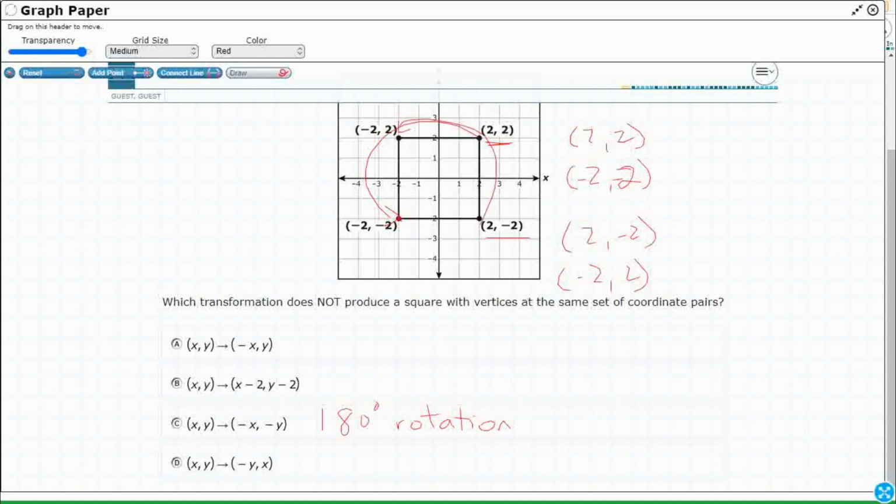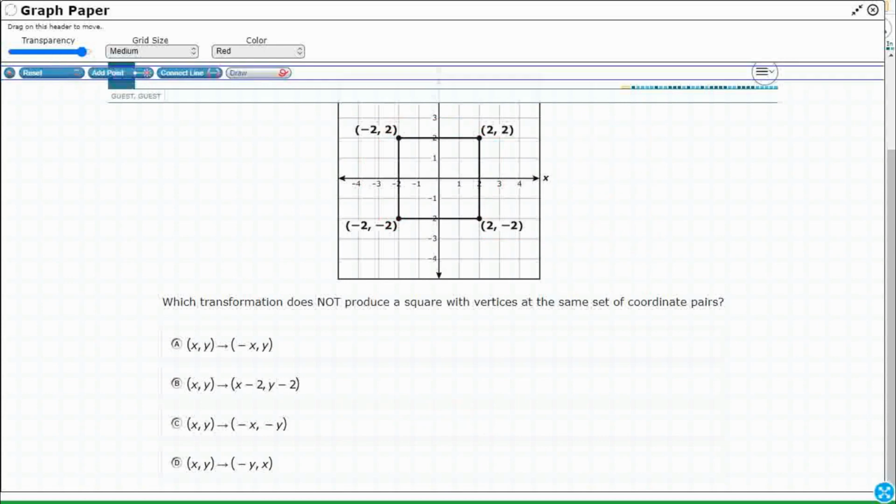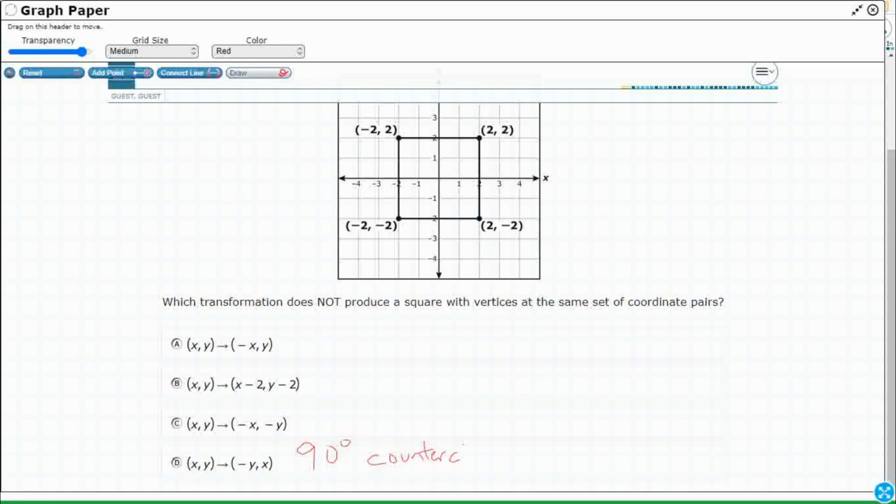So C is fine. And let's check D. We've got the x, y changes to negative y, x. Hopefully we recognize this as a 90-degree counterclockwise rotation. But if we don't, let's once again take a few points and see what happens. I'm going to get my negative 2, negative 2.